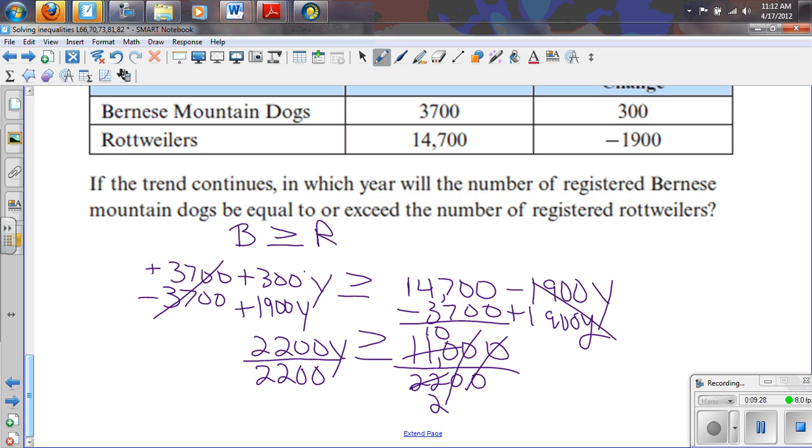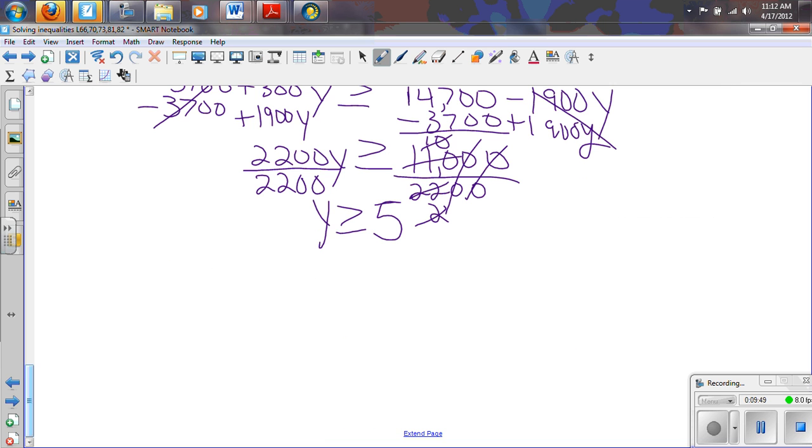And then we can divide both of them by 2. And so y has to be greater than or equal to 5. Well, what does that mean? That means in 5 years, the number of Burmese Mountain Dogs will be equal to or it will exceed the number of registered Rottweilers. So this is 5 years.